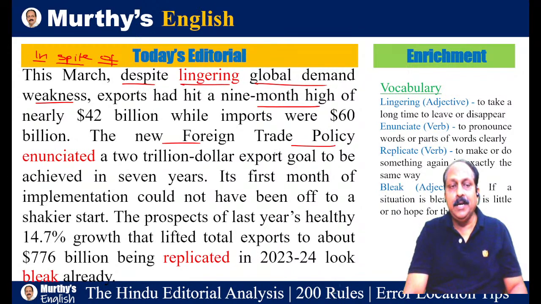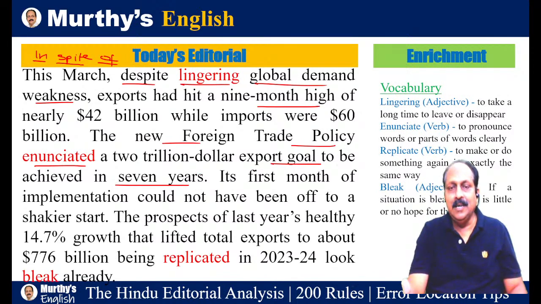The new foreign trade policy enunciated. An important word, enunciation. Enunciate, verb form, enunciated, means what? To say something in a clear manner, to pronounce the words or parts of words clearly. The new foreign trade policy enunciated means stated very clearly a $2 trillion export goal to be achieved in 7 years.